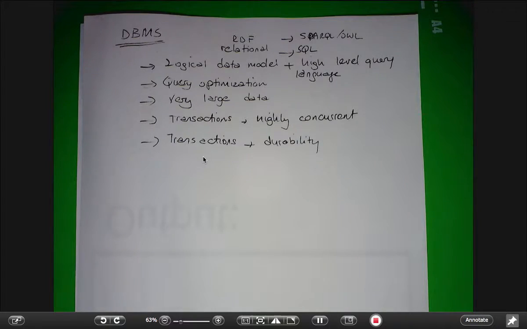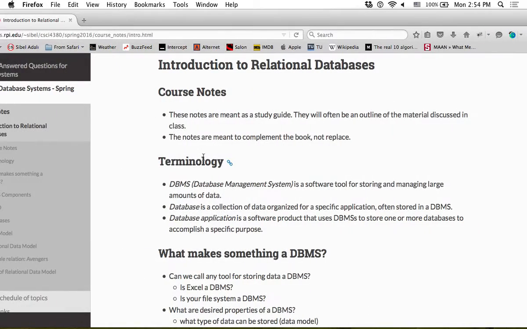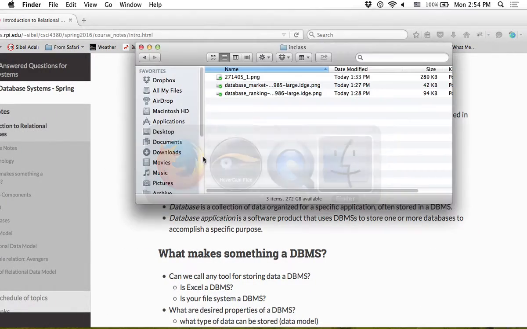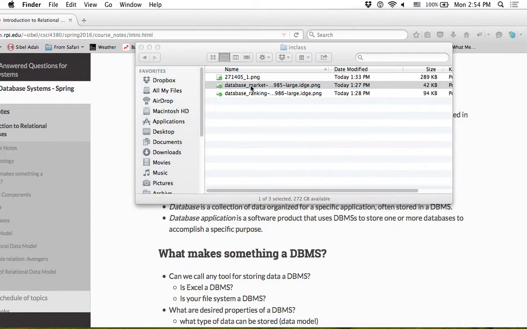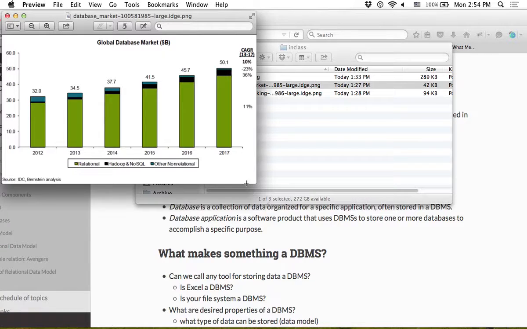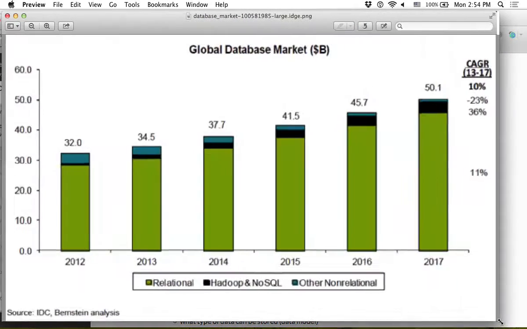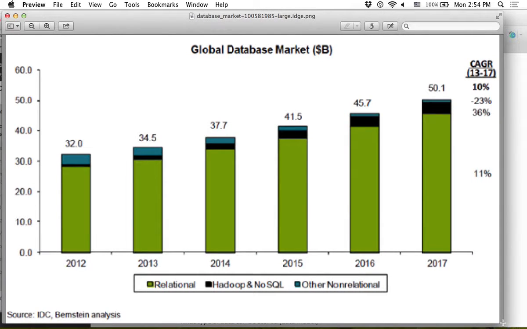So let me see if I can find you some of this data just so that you can see. I was looking this morning at the database market. Okay. So this is what the global database market looks like in terms of the billions of dollars of different technologies. This is over the years, and this is projected to 2017.